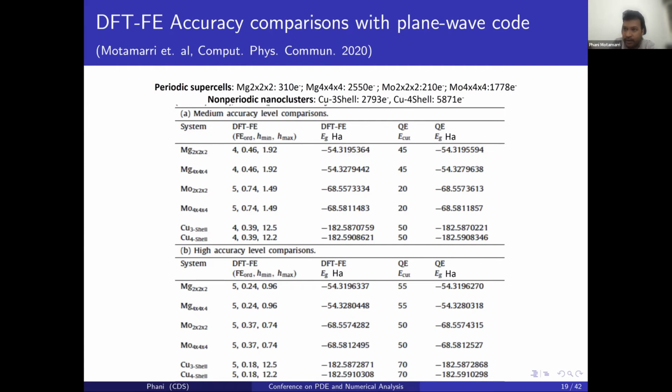Here we used Quantum ESPRESSO, which uses sines and cosines, a Fourier basis, as basis sets, and we compare the accuracies of both calculations in terms of the ground state energies, because that's important when you have a new method. You need to benchmark against the existing state-of-the-art codes. For various benchmark systems, we find the energies computed using our approach and the plane wave codes match to a very good accuracy.